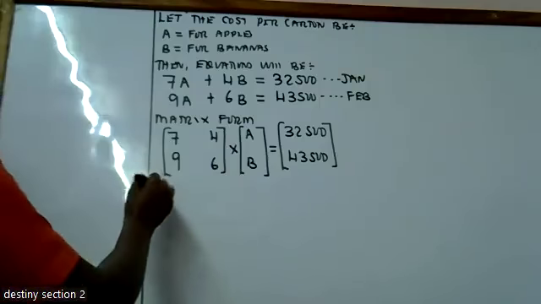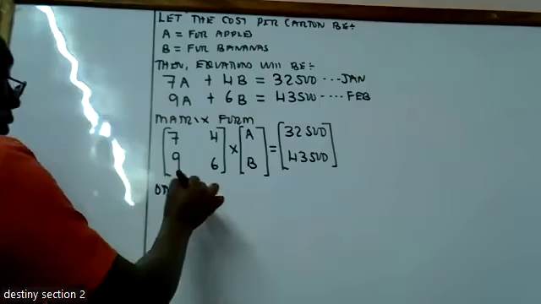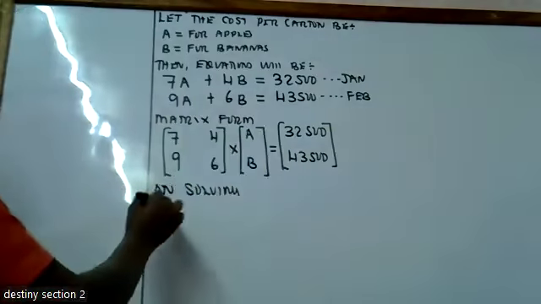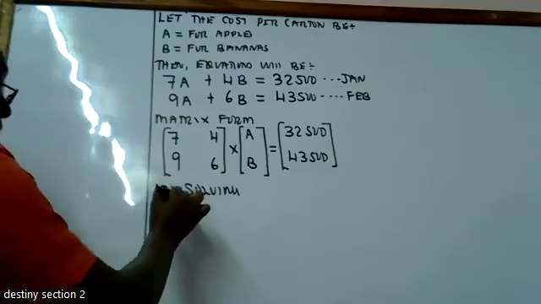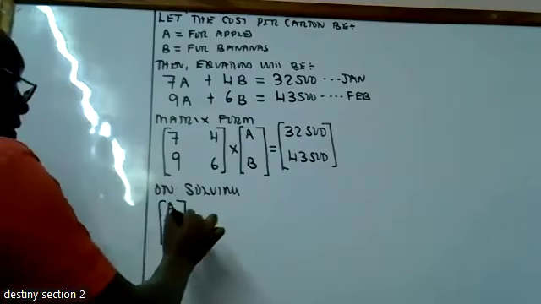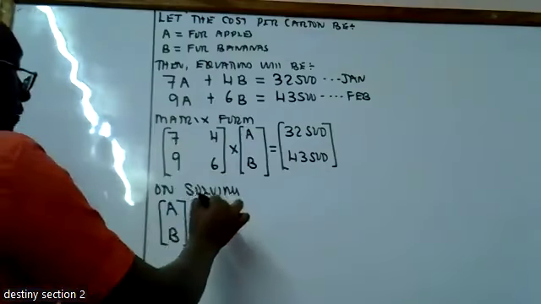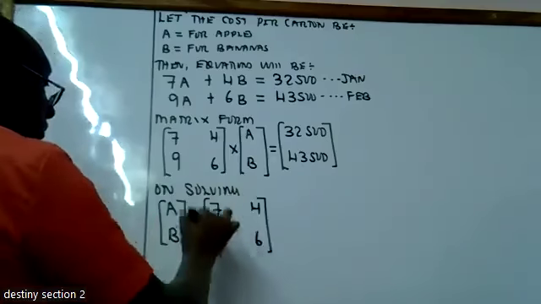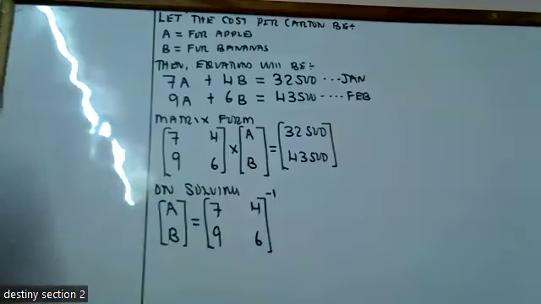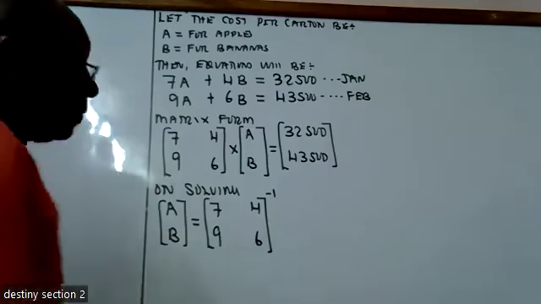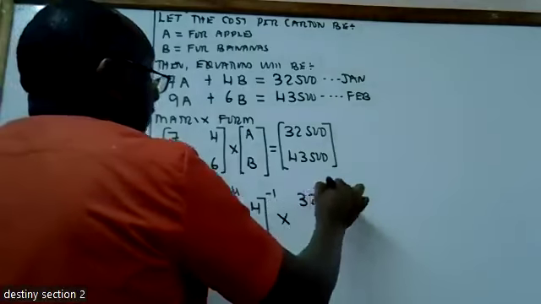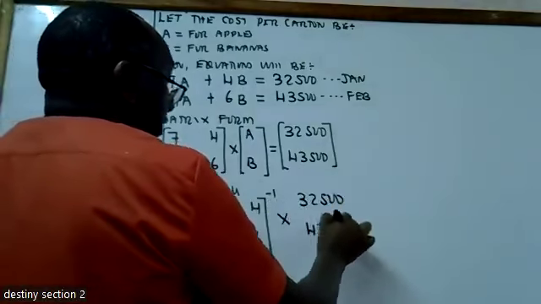So on solving, I told you, you take this and put AB here; it jumps over and becomes 7, 9, 4, 6. Because it has changed side, it comes in as an inverse, to multiply that 2,500, 43,500.